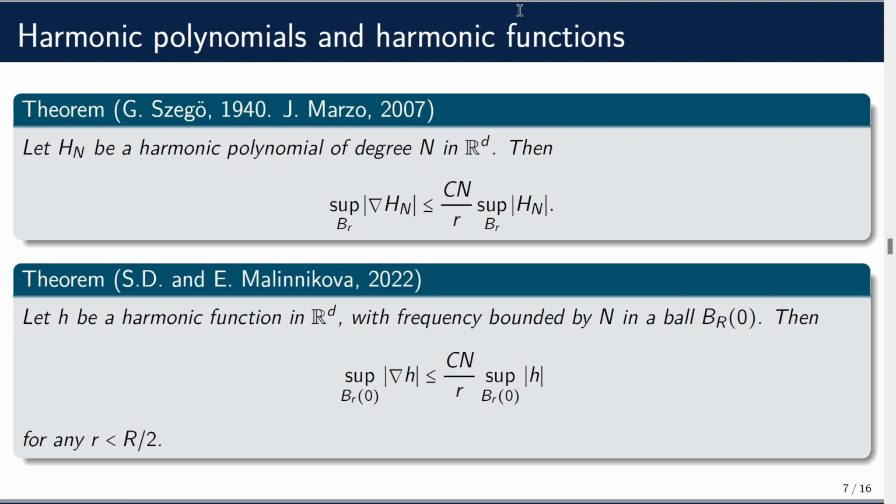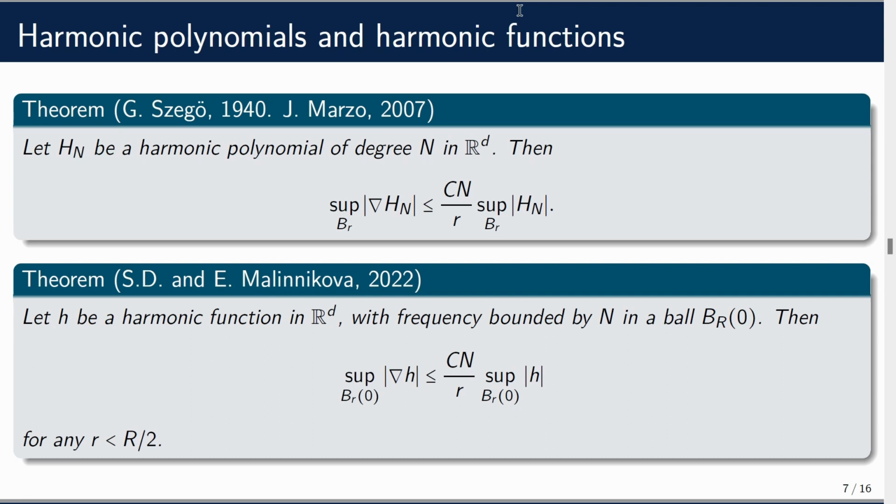So if you can bound the growth of your harmonic function in a ball of radius big R, then you take any ball of radius little r, which is less than R over 2, and you can have a sharp Markov inequality for Euclidean harmonic functions up to that scale. We proved this by just expanding into spherical harmonics, and the approximation is good enough to allow us to conclude.